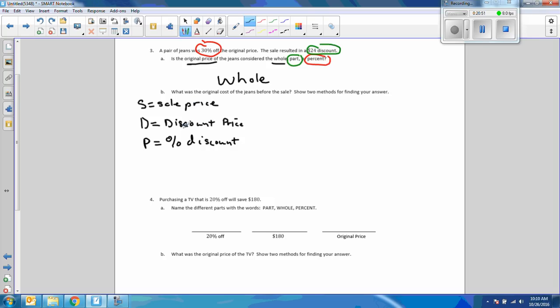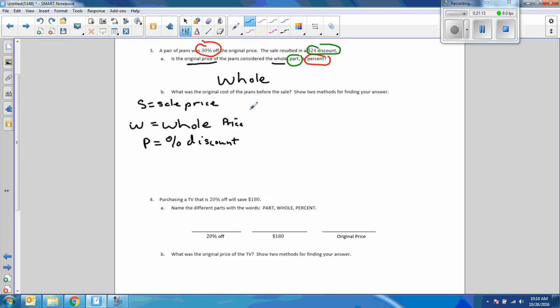No, I don't want to call that discount price. Let's change that to whole price. We already have sale price. That is the discounted price. So let's make W the whole price. So we have a sale price, the whole price, and the amount we discounted.